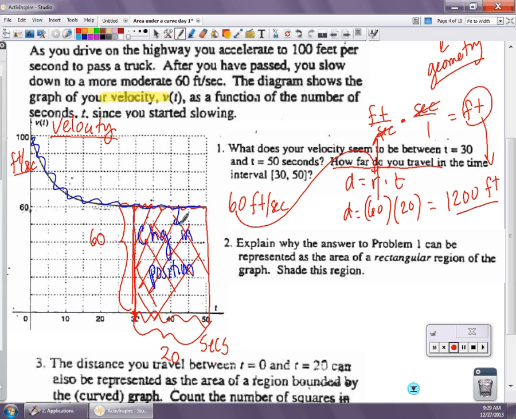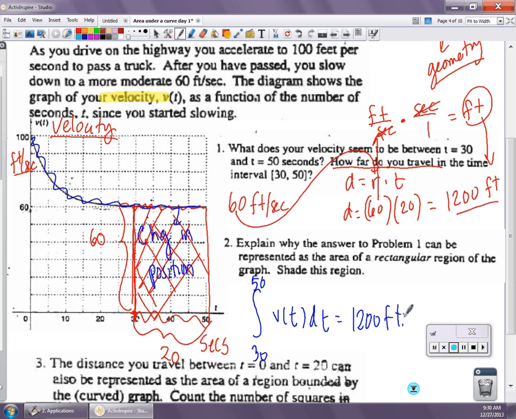So what we just did here is we calculated a definite integral geometrically. We started at 30 seconds. We stopped at 50 seconds. We collected the area under velocity. And geometrically, we found that area to be 1,200 feet. That's the definite integral that we evaluated.